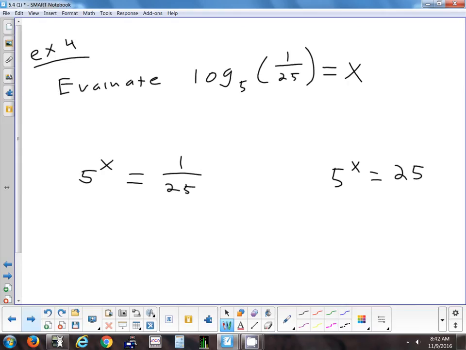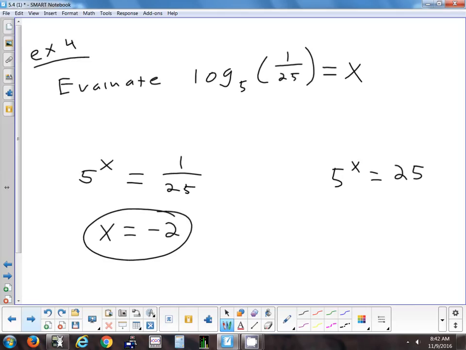Instead of 1/25, pretend it was just 25. 5 to what power is 25? 2. Now, we don't want to have 25, we want 1/25. So what kind of numbers do you need for exponents that cause things to flip? Negatives. So this would be not 2, but -2.